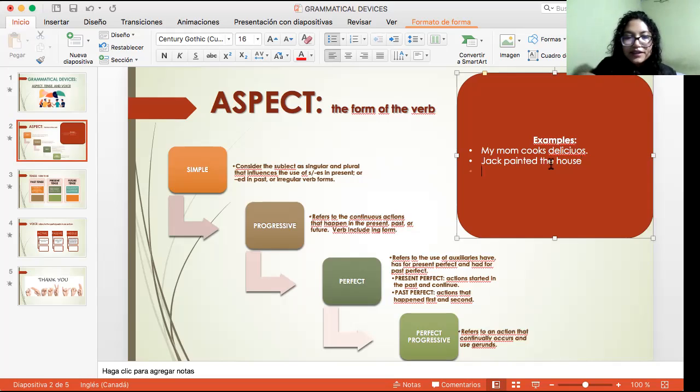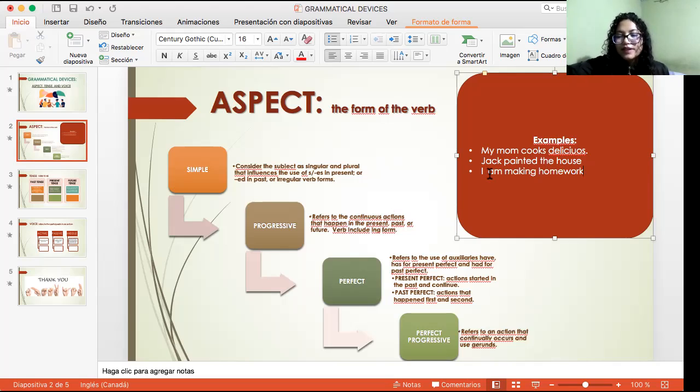Right. So let's continue with the progressive aspect. That refers to the continuous action that happened in the present, past, or future. In this verb, we are going to add the ing form. So we can say, I am making homework.